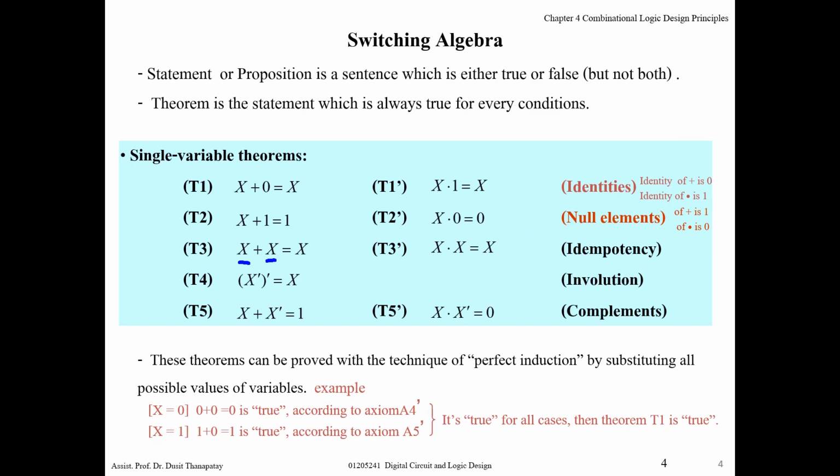The same variable ORed together gets to be that variable, or the same variable ANDed together is that variable. This one is idempotency, and the invert of an invert is that value, which is called involution.